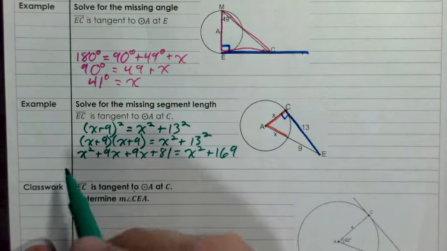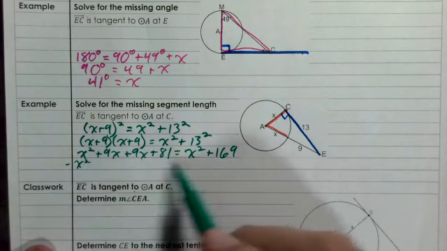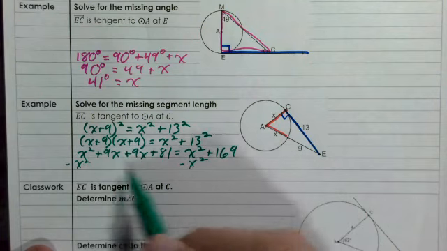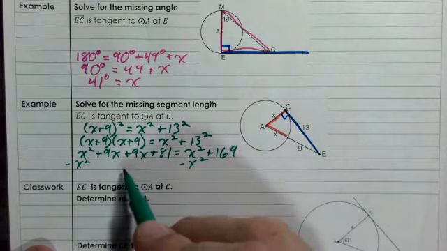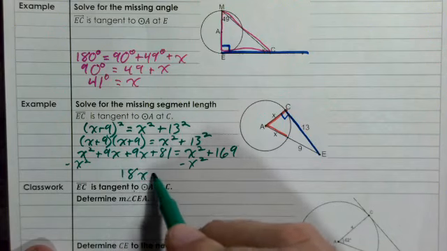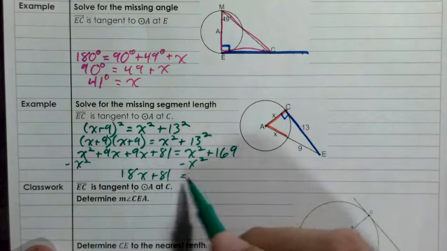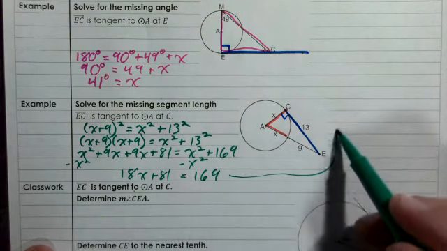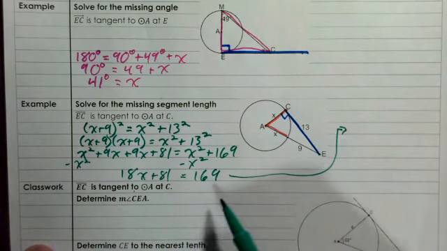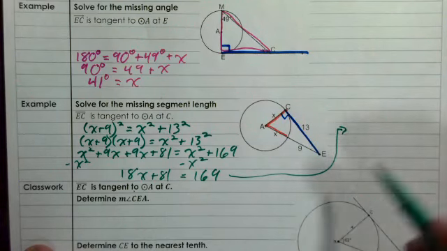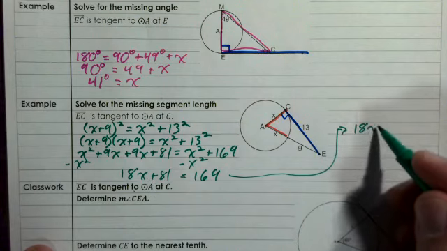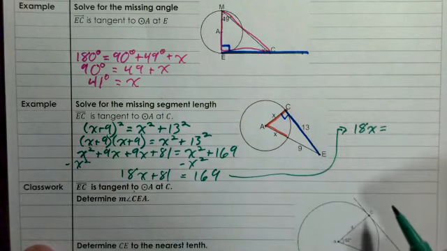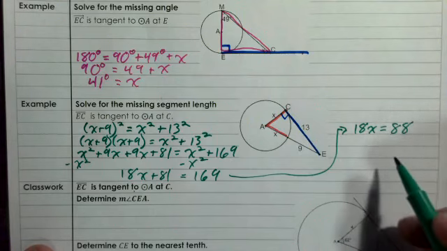Then I can do some solving. I can subtract an x squared from both sides. 9x plus 9x, that's going to be 18x plus 81 equals 169. Okay, I'm going to finish my solve over here. I got to subtract 81 from both sides. So I got 18x equals 88.